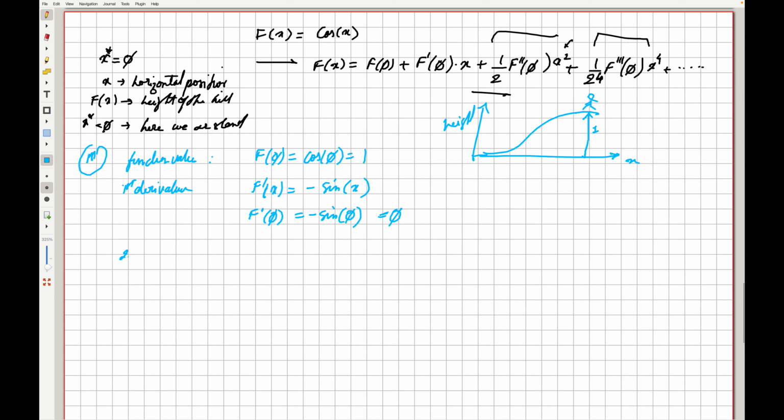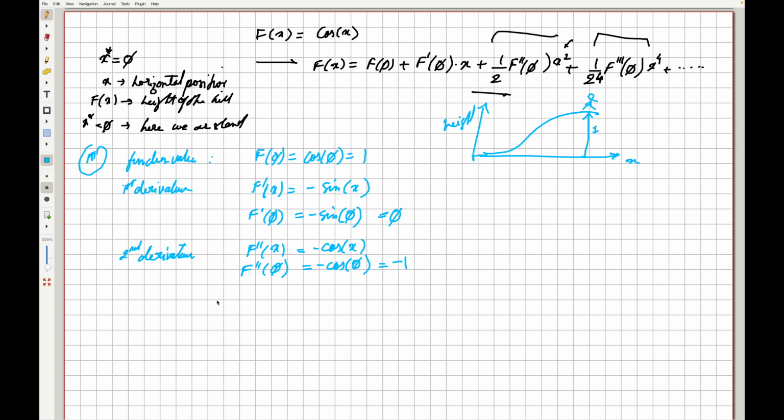Then we go on to calculate the second derivative. Here we take f double prime of x, differentiate this again, and what we get is minus cos x. If we plug in the value for x, this is going to be f double prime of 0, which is minus cos of 0, that equals minus 1.